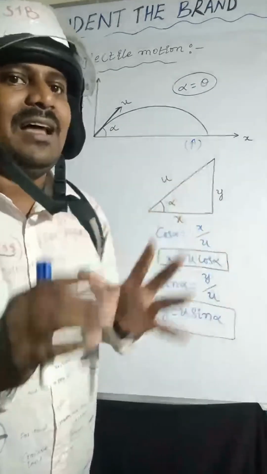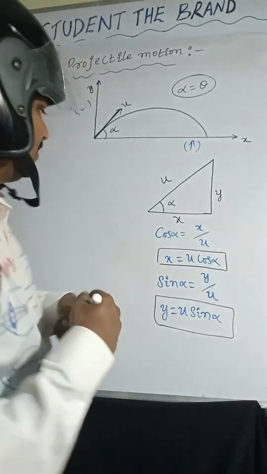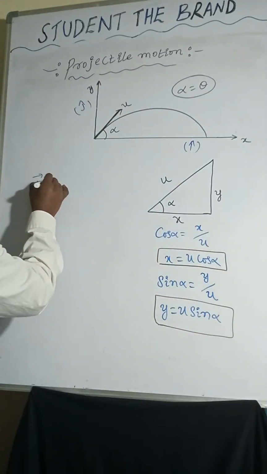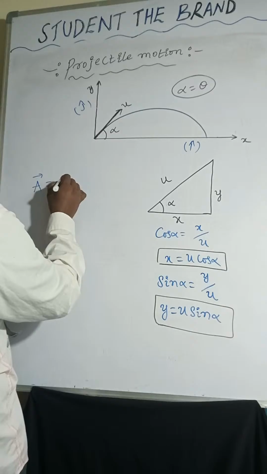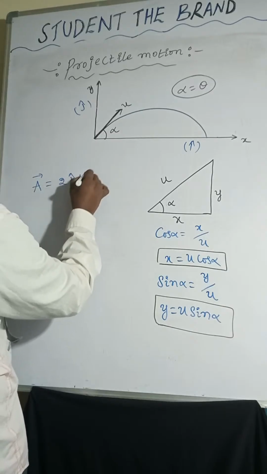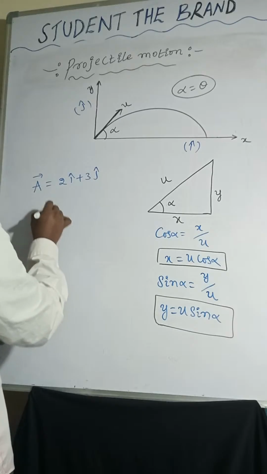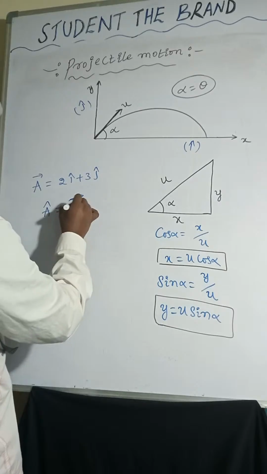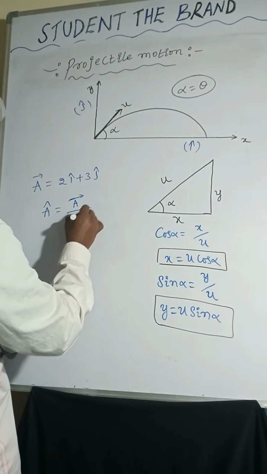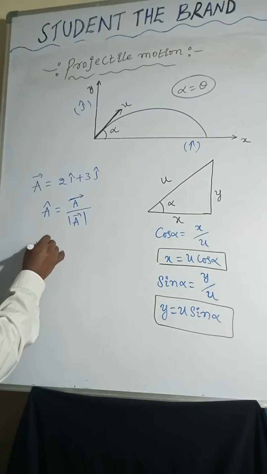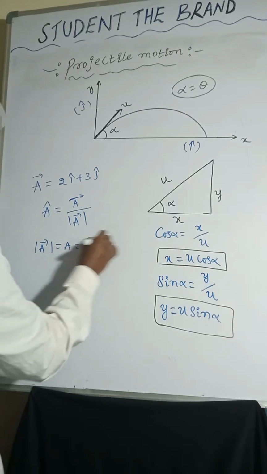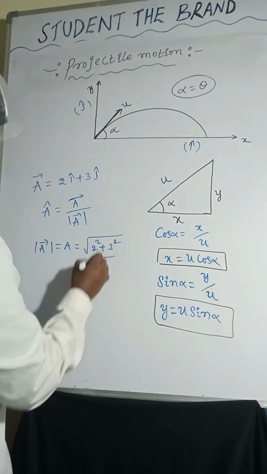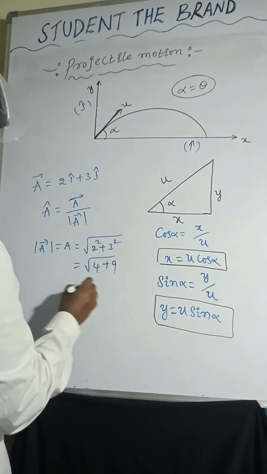About unit vectors, already discussed. Suppose a bar equal to 2i cap plus 3j cap. How can we find the unit vector? a cap equal to a bar by mod a bar. Mod a bar means the magnitude of a, which is root over 2 square plus 3 square, that is root over 4 plus 9, so root over 13.